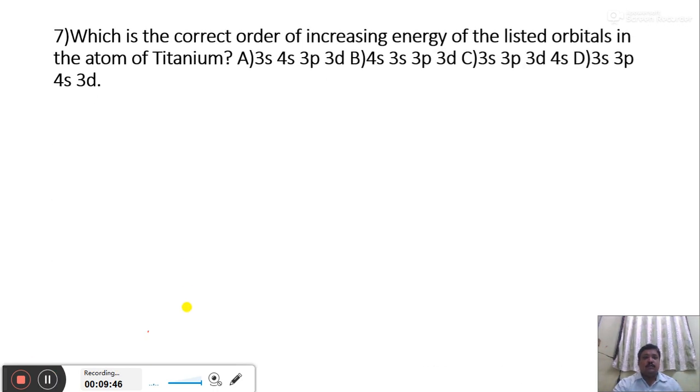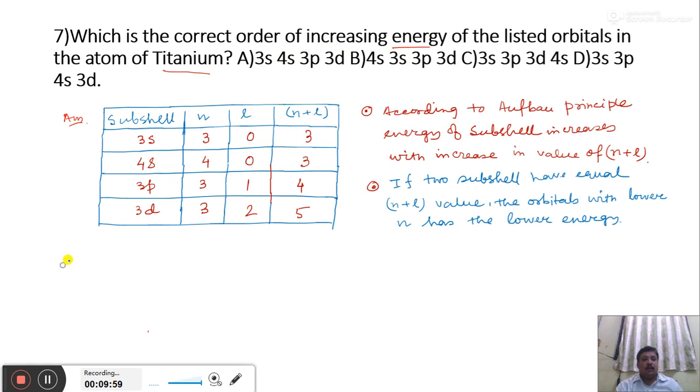My next question is: which is the correct order of increasing energy of the listed orbitals in the atom of titanium? The options are given. Now, this question is explained by the Aufbau principle.